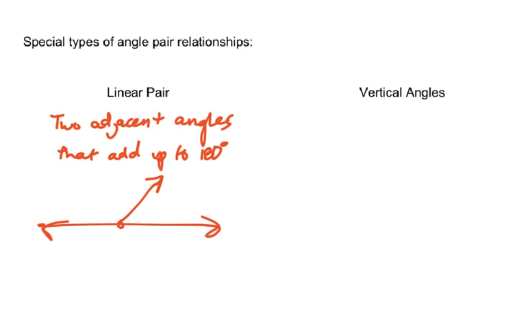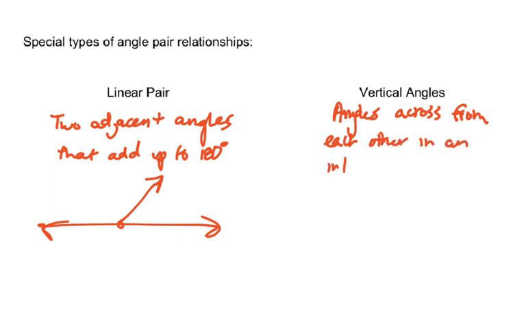Vertical angles are angles across from each other in an intersection, which makes them congruent.